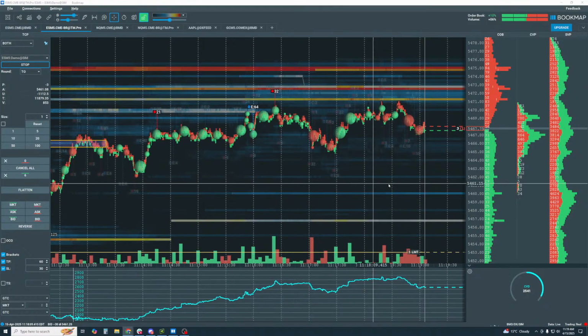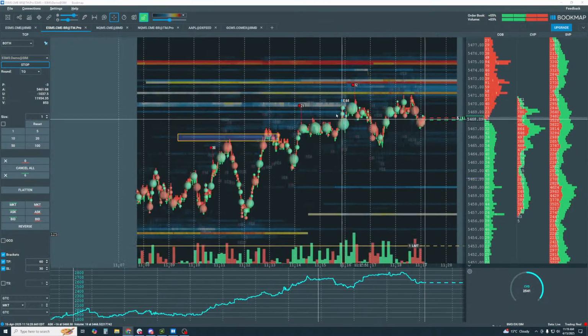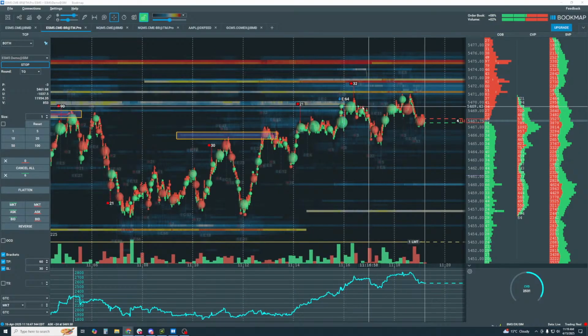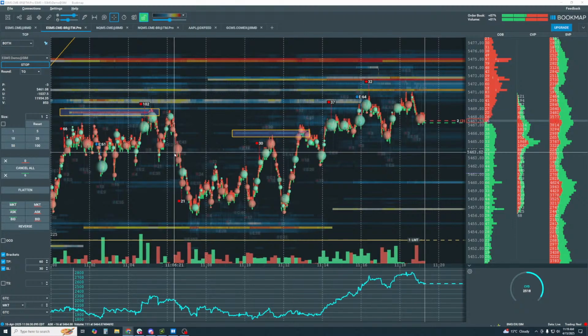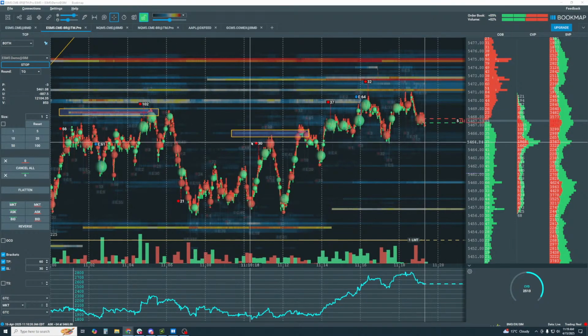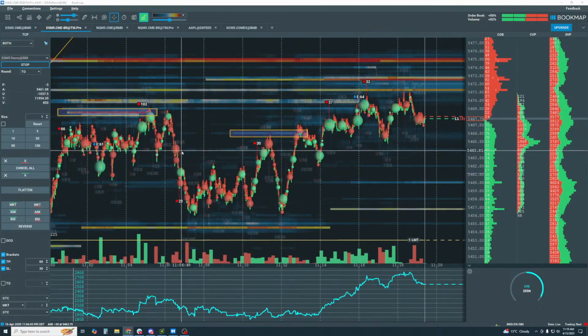But what are some takeaways from today? A good one for me at least is, we have our setups. We know what our setups look like, and they were playing out for a little bit, and then we get squeezed.